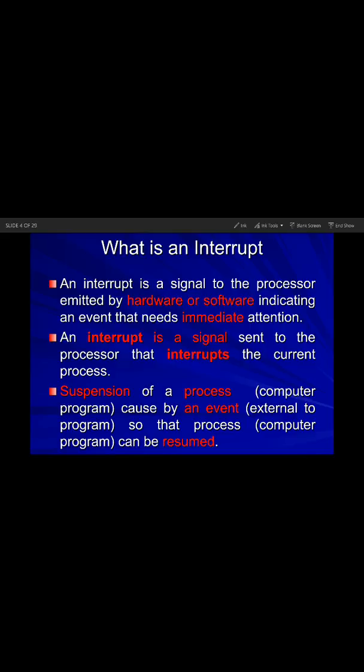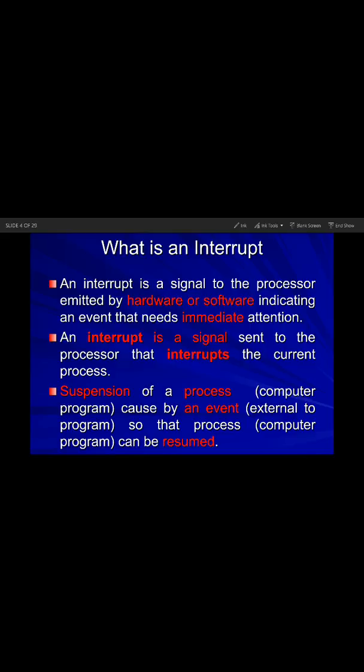It will inform the processor to interrupt the ongoing process, and the CPU definitely will interrupt and then allocate its time to the new process. So this is definition number two. Whenever an interrupt occurs, it causes an interrupt while the processor was doing another activity, and the new interrupt overlaps the old one.